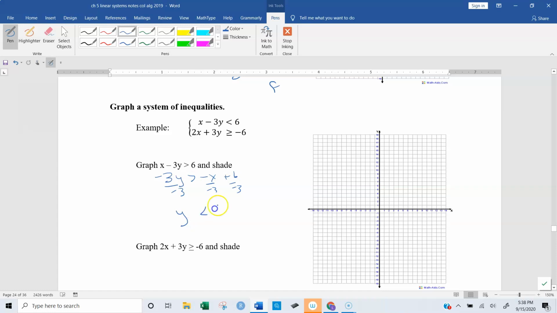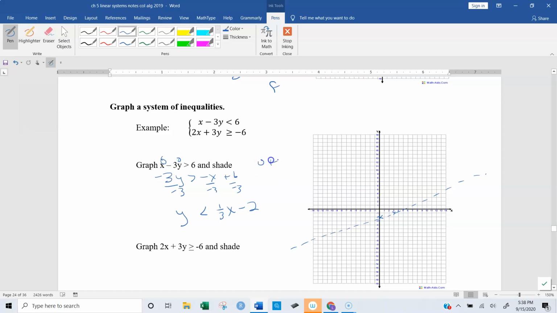So y is now less than 1/3 x, I want to see my slope, -2. So we're going to go to -2, put our dot. We're going to go up 1 over 3, put our second dot. It's a less than only, so this is a dashed line. You really need to use a straight edge here, which I do not have, because where they intersect can be important.